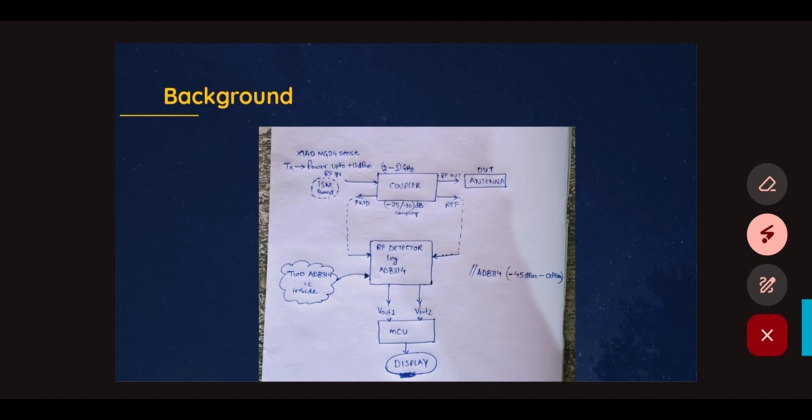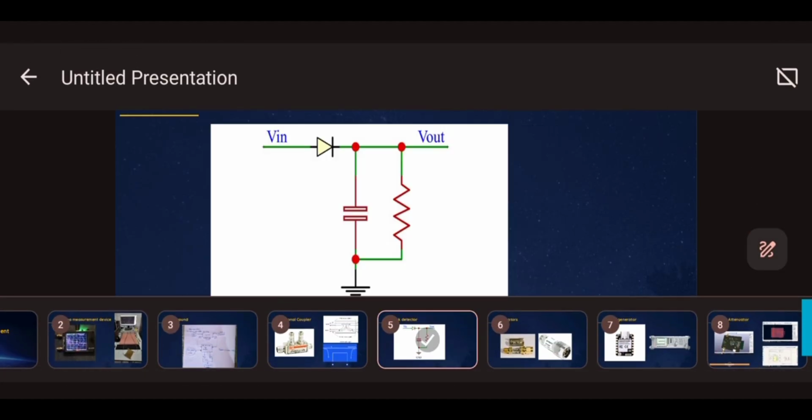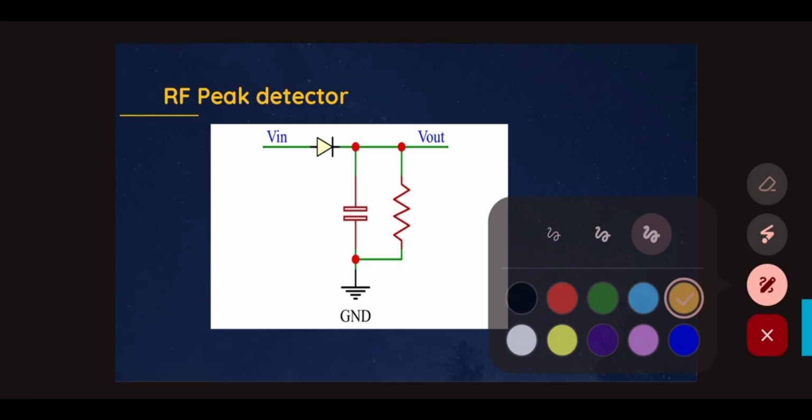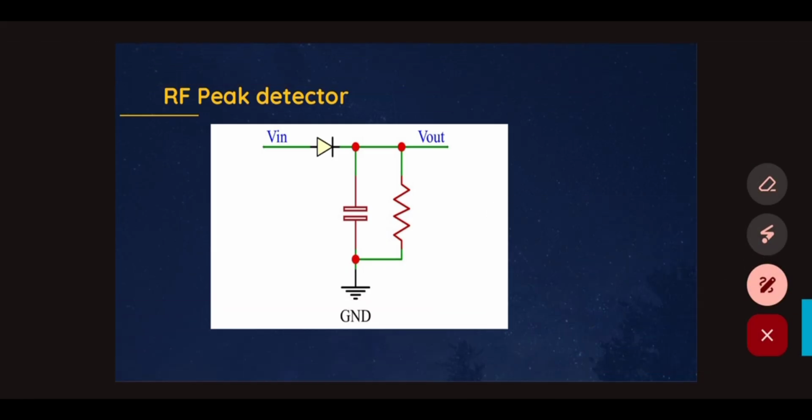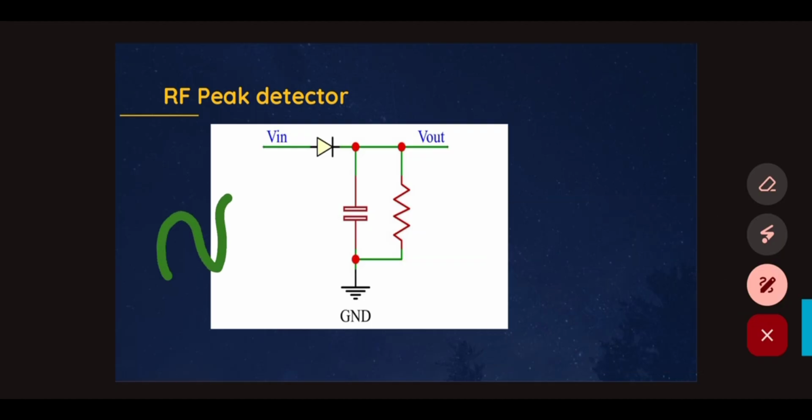This is basically a peak detector circuit. We can imagine an AC signal coming in, and let's assume this is an ideal diode, forward biased.